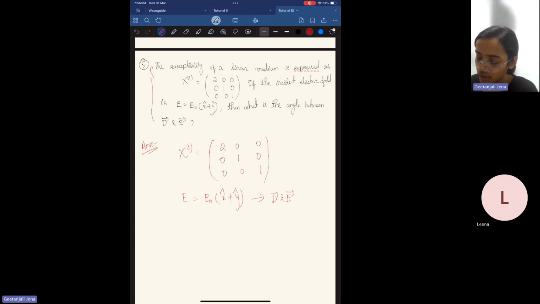For this, we first need to find out what D is, because E is already given.